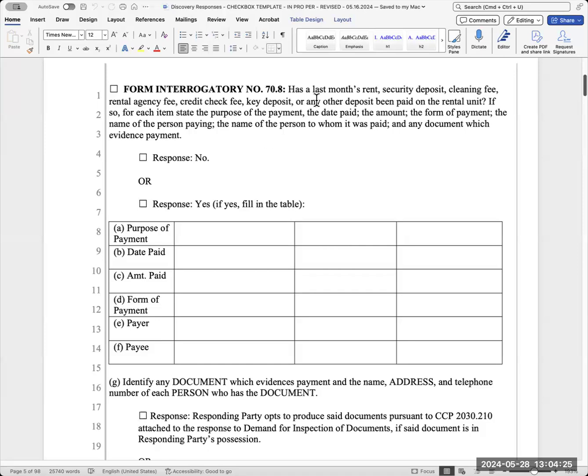If you didn't make anything other than a first month's rent payment, you would check here. Everything else, you're going to check here and then indicate what it was you paid. Very often, in the old days, landlords used to collect first month's rent, last month's rent, and a security deposit. The last month's rent was meant to be the very last month that you occupy the unit.